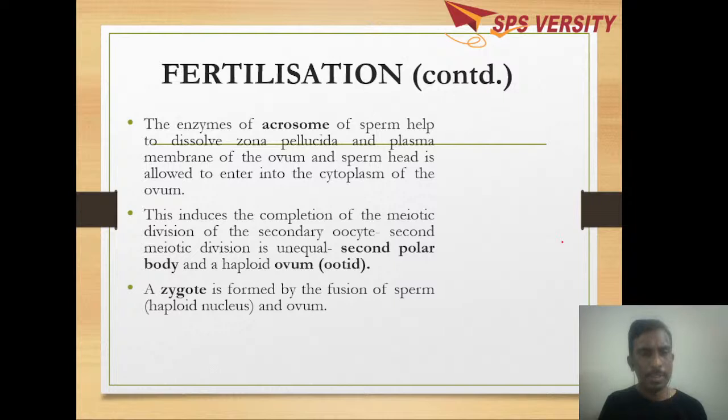So as and when they meet at the ampullary isthmic junction, what will happen? There are many sperms, so there is a lot of competition between sperms, for only one ovum. The head of the sperm is covered by a cap-like structure, the acrosome, which will dissolve the zona pellucida.